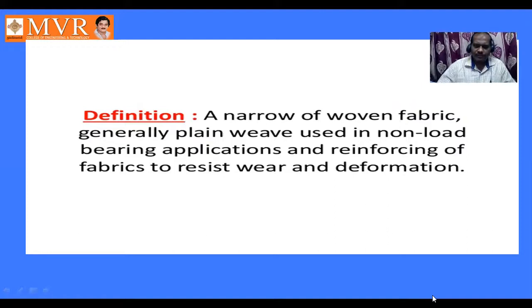So a narrow woven fabric, generally plain weave, is used in non-load bearing applications and reinforcing of fabrics to resist wear and deformation. Why do we use it? To resist wear and to resist the deformation.